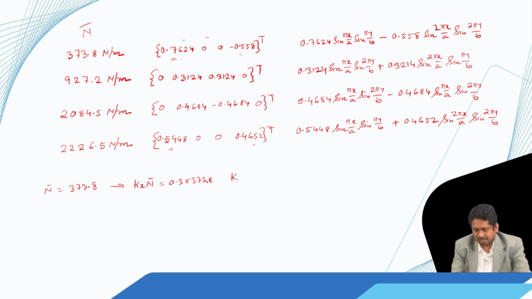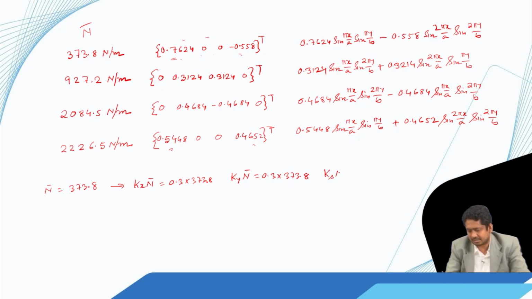and then we have ky n bar equal to 0.3 multiplied by 373.8, and then we have ks multiplied by n bar is equal to 0.4 multiplied by 373.8.